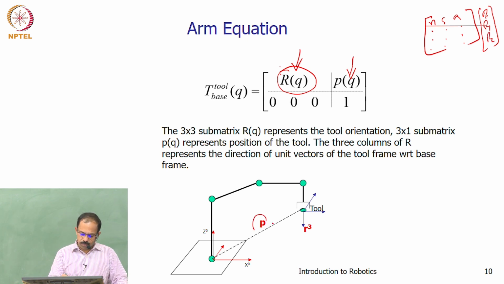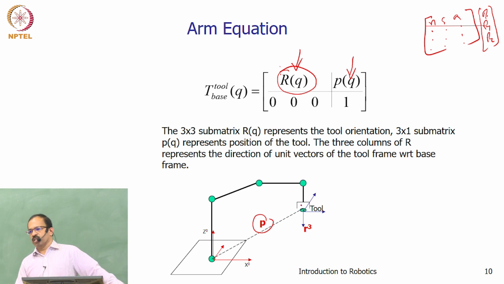That gives you p, and then gives you the orientation of the tool frame with respect to the base frame. This is what we will get at the end of this transformation.